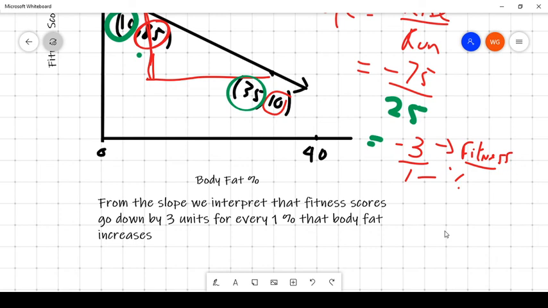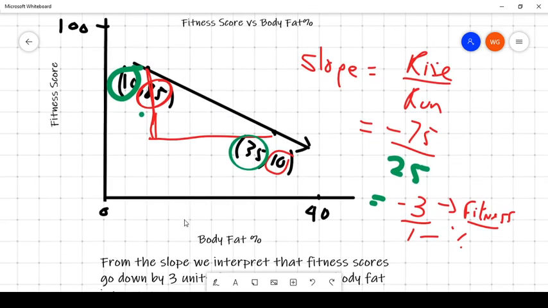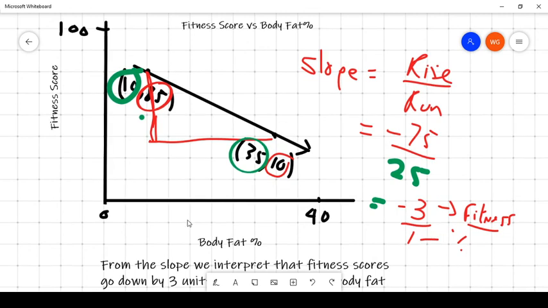And imagine if the slope was steeper. What if the slope was like negative 10 over 1? Well, that would mean that for every 1% that we increased our body fat, our fitness score goes down by 10, okay? But what you need to understand is that when a researcher is looking at a graph like the one above, one of the most important things they can possibly get out of that graph is the slope of the graph.